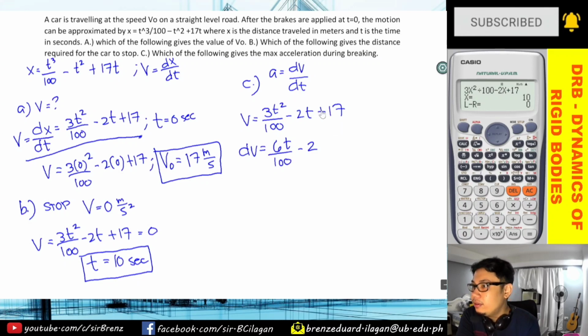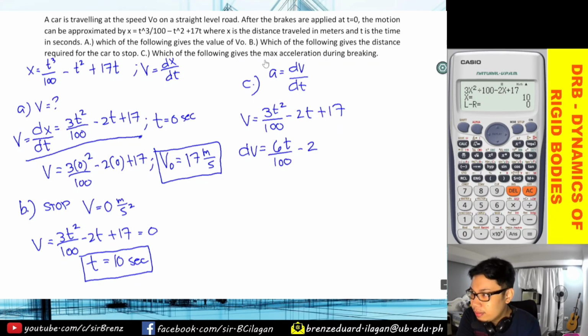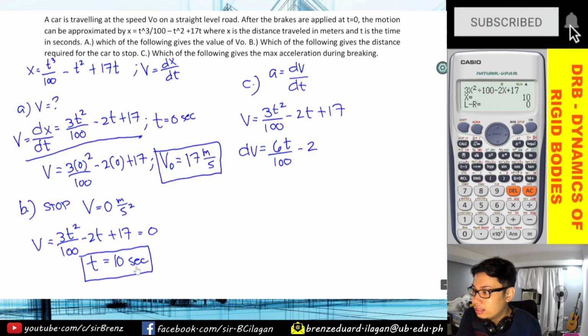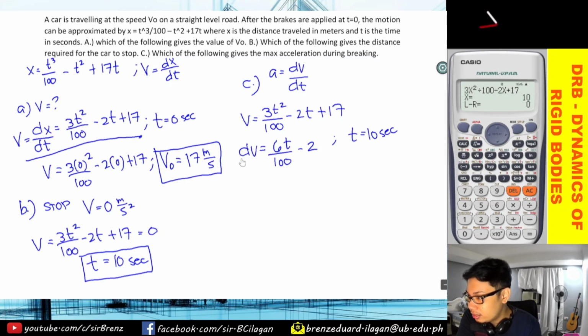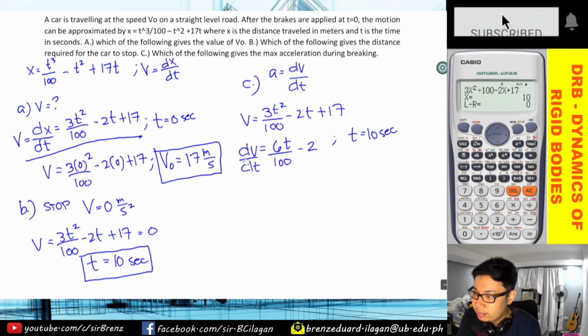Okay, so paano ba makukuha yung maximum acceleration? Kung mapapansin nyo, meron tayong range from 0 up to 10 seconds. So, ang gawin natin, guys, itry muna natin yung value na maximum na 10 seconds. Again, this is just dv over dt. Pinactor out ko lang yung dt and then transpose ko sa kabila to make it the equation for acceleration.